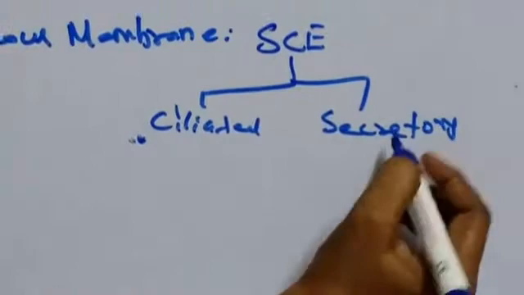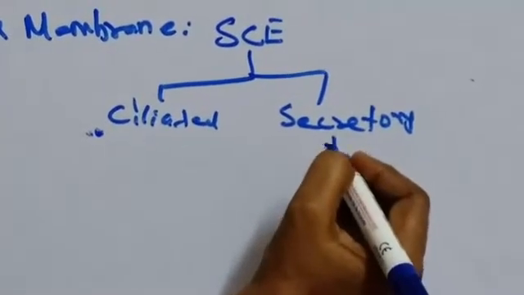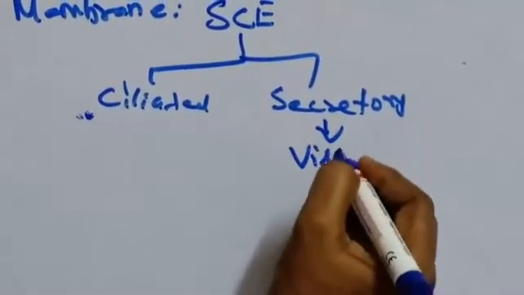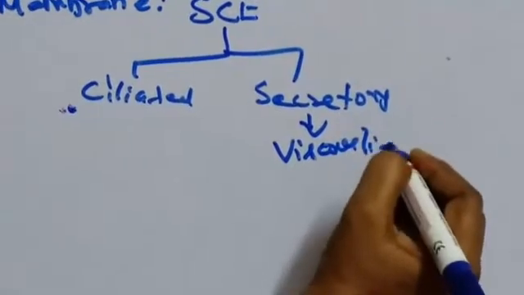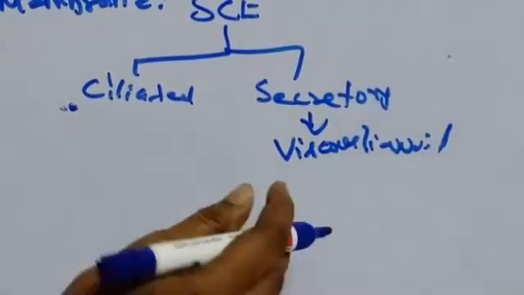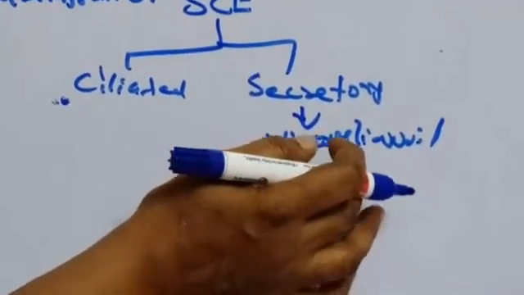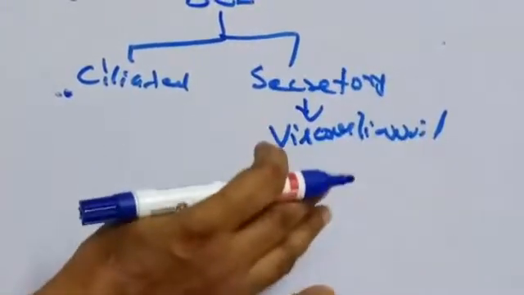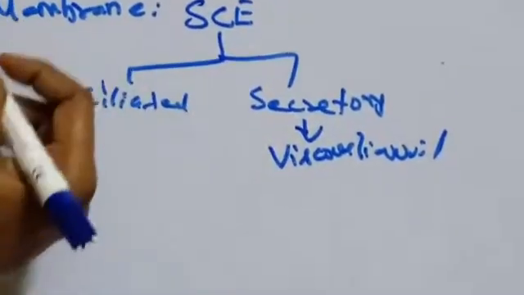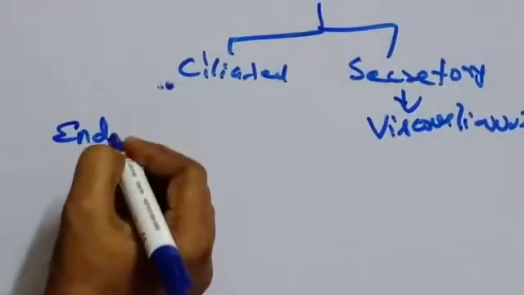The secretory cells produce a viscous liquid. This provides nutrition and also protects the ovum. And the mucosa of the uterus is called the endometrium.